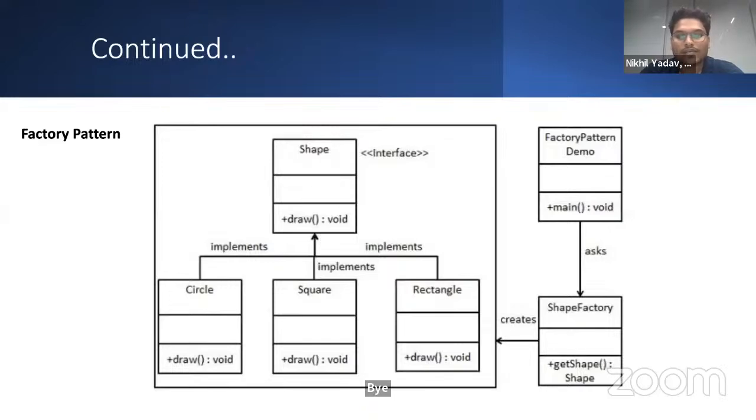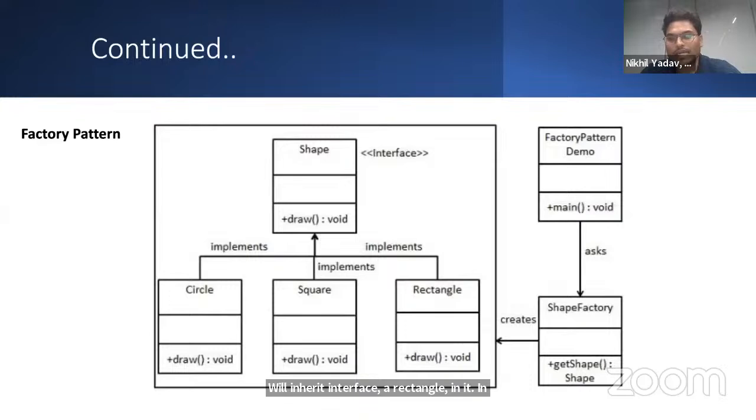it enhances the usability of code. In the factory pattern, we define an interface Shape which declares a function draw, and we create classes Circle, Square, and Rectangle. The Circle class will implement the interface Shape, and the Square and Rectangle classes will also inherit the interface Shape.